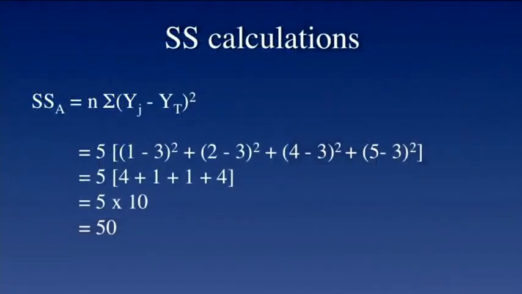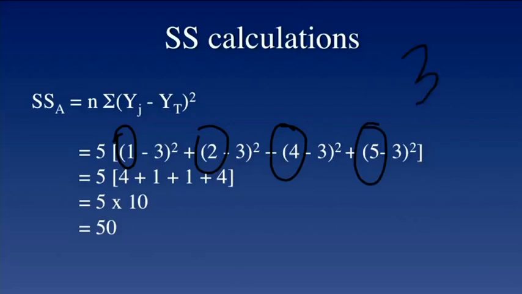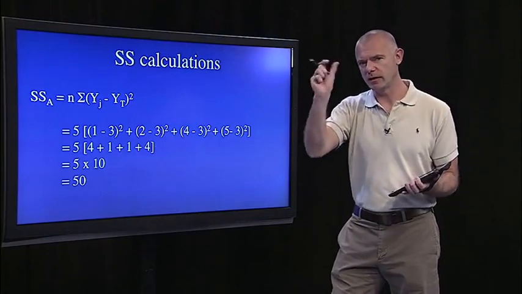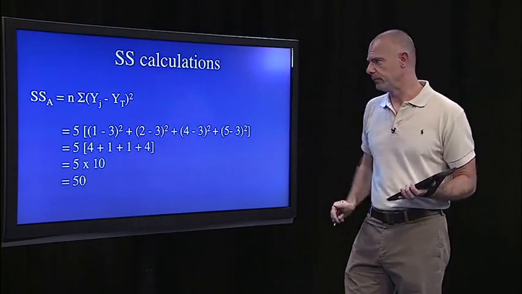So there were 4 groups. The mean of the first group was 1. The mean of the second group was 2. Mean of the third group, 4. Mean of the fourth group, 5. The overall mean was 3. So what I'm doing is getting each deviation score, comparing group means to the grand mean.